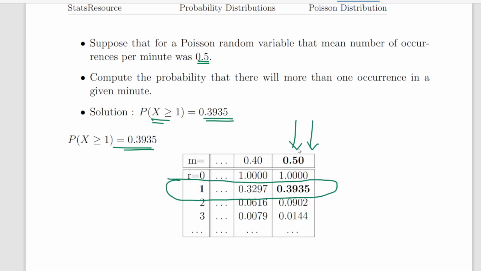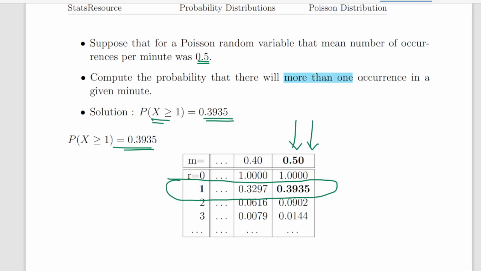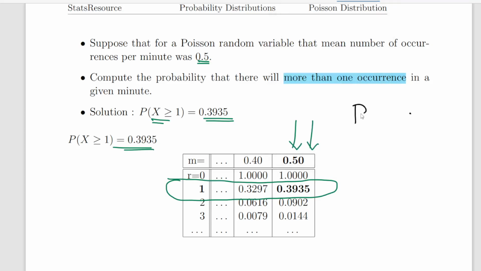Now, sorry, just to be clear, there's a bit of ambiguity with regard to the question I asked. It says more than one occurrence. That is the probability of x greater than or equal to 2. So it's a little bit of a mistake here. The probability of x greater than or equal to 2 is more than 1.